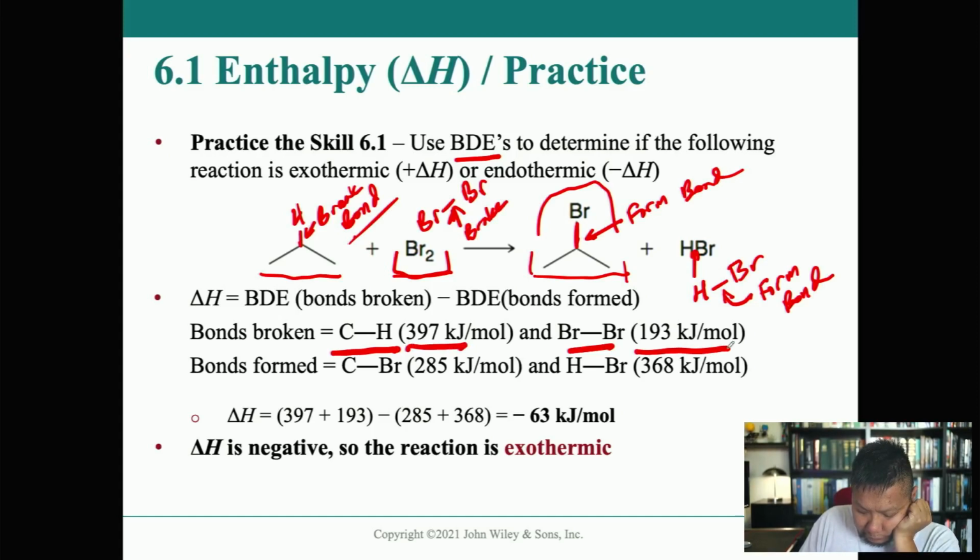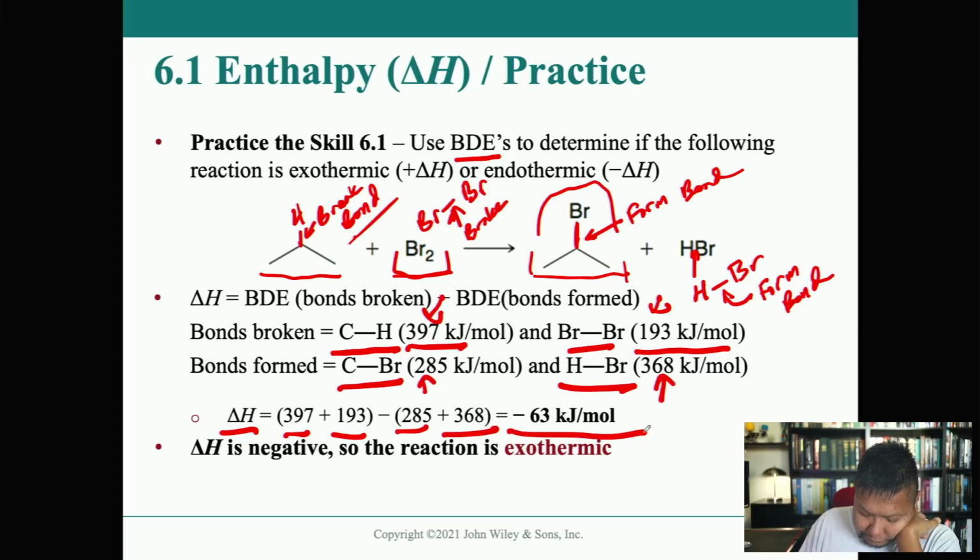The bonds formed will be between carbon-bromine and hydrogen-bromine. So delta H equals the 397 plus the 193 from bonds broken, minus the 285 and the 368 from bonds formed here and here, right?